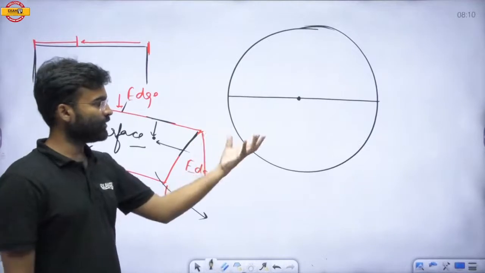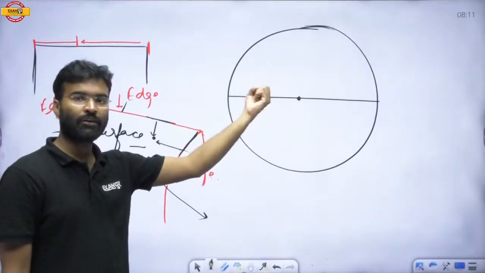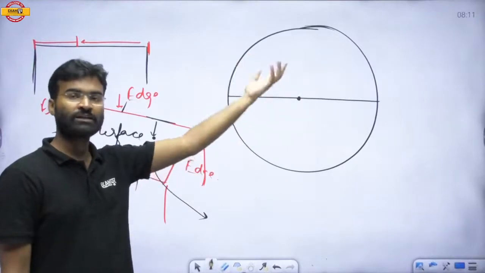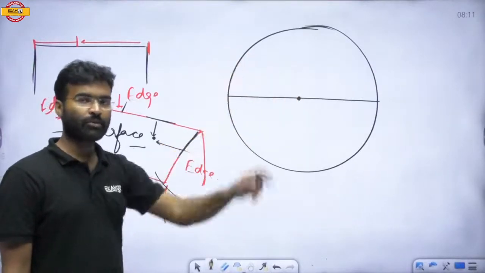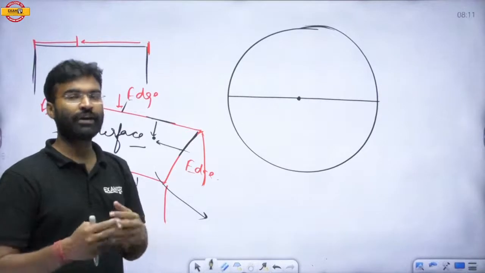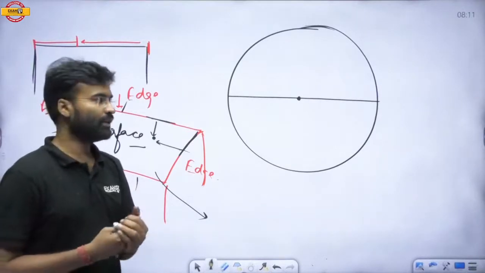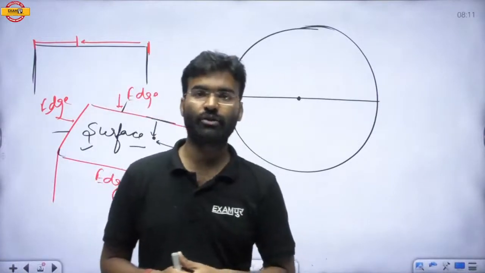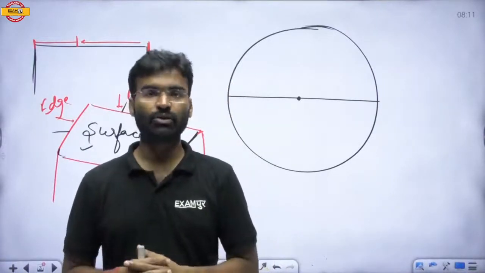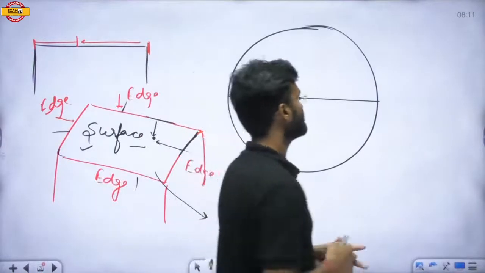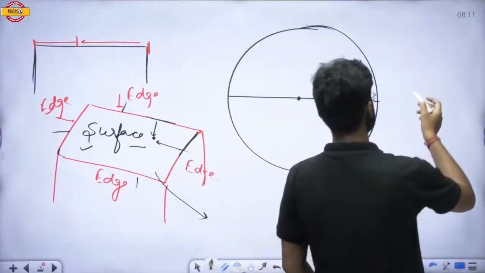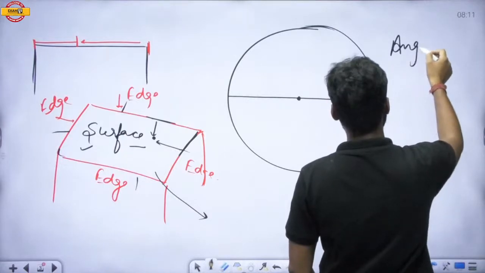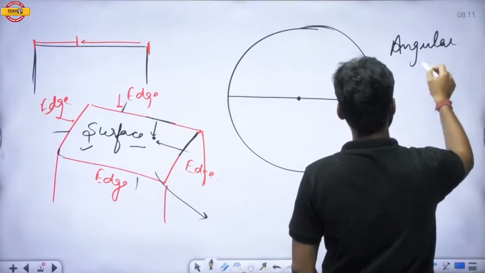So when we became aware that Earth's shape is spherical, another problem arose in finding the location. People faced the trouble of how to get the location of any particular place. Then a scientific concept arose, related to latitude and longitude, and that concept is angular distance.